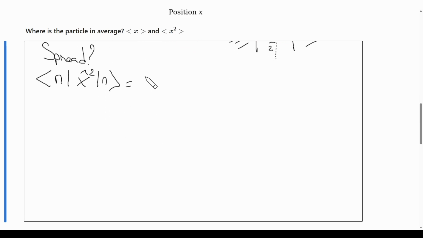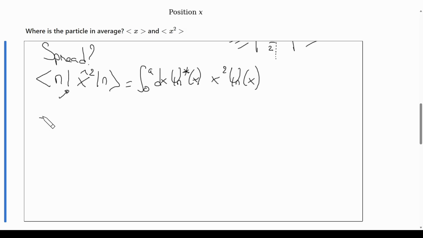So this is, again, we insert the identity here, and we have the integral from 0 to a dx psi n star x, this time x squared psi n x.